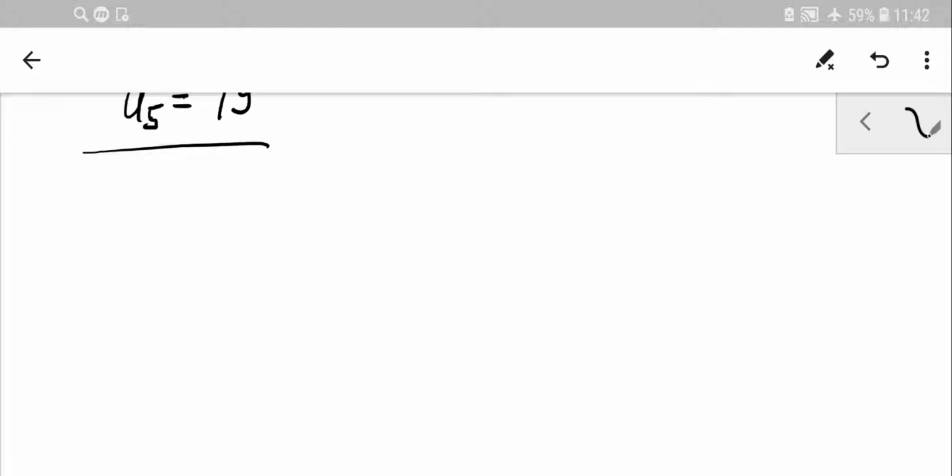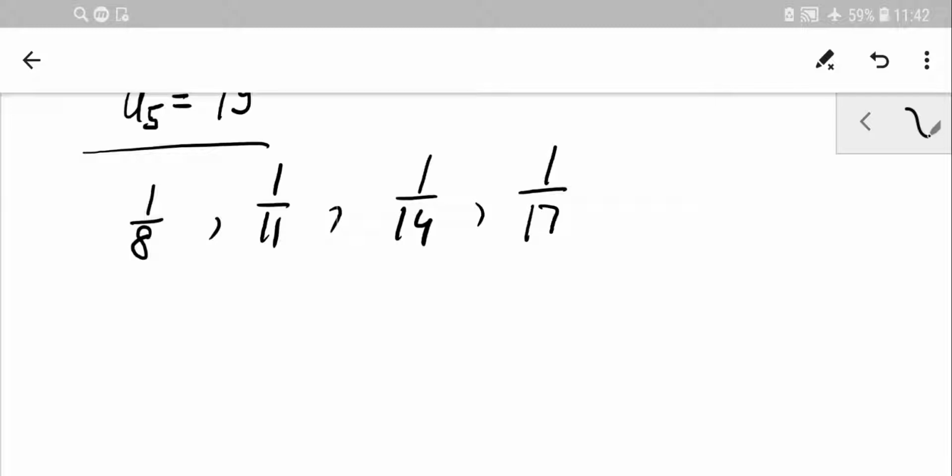Okay, so let's consider a sequence: 1 over 8, 1 over 11, 1 over 14, and maybe the next term, 1 over 17.